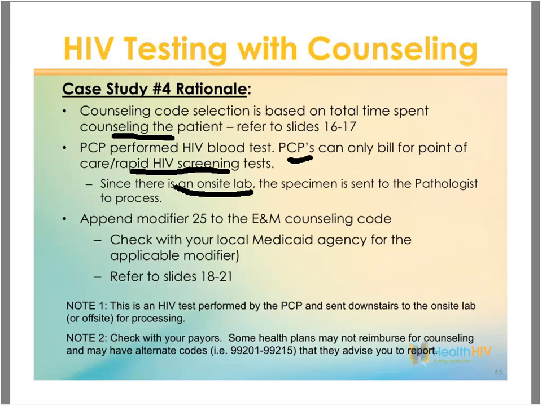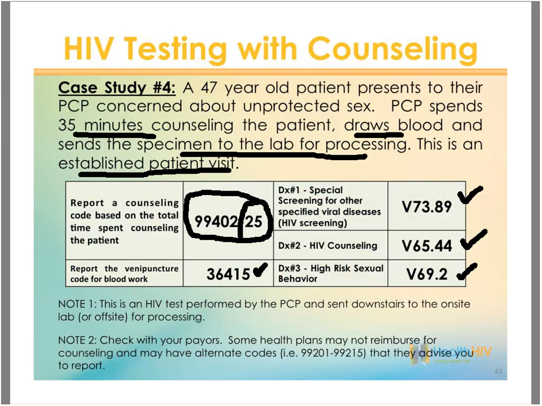Since there is an on-site lab and the specimen was sent to the pathologist to process, you'll notice we did not use the rapid code. The reason is that the provider drew blood and sent the specimen to the on-site lab.